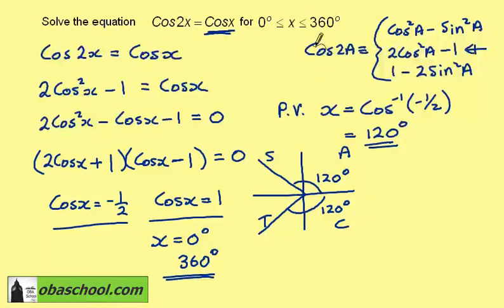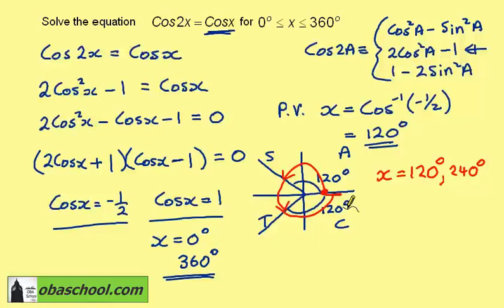We need to pick out solutions from 0 to 360, so starting at 0, we go forward and we meet a solution at 120 degrees, forward another 120 degrees gives us a solution at 240 degrees, and we meet no more solutions through to 360 degrees.